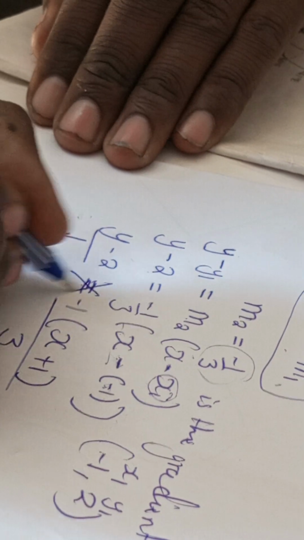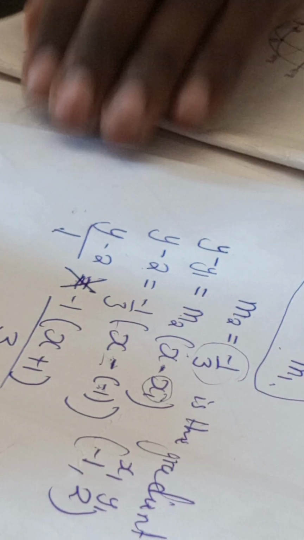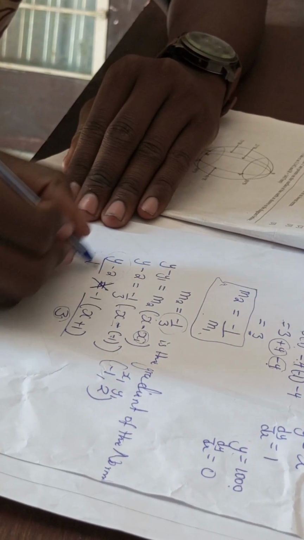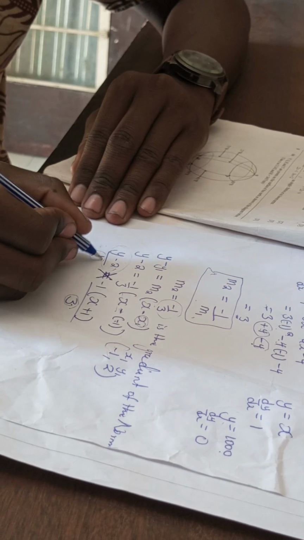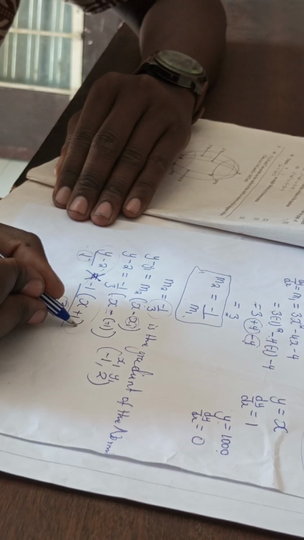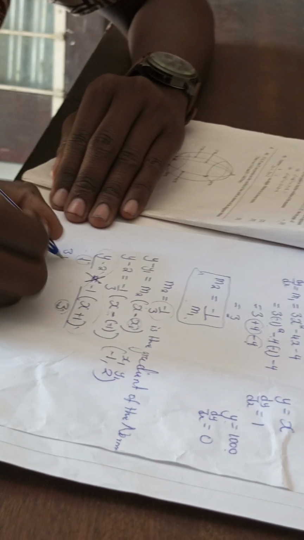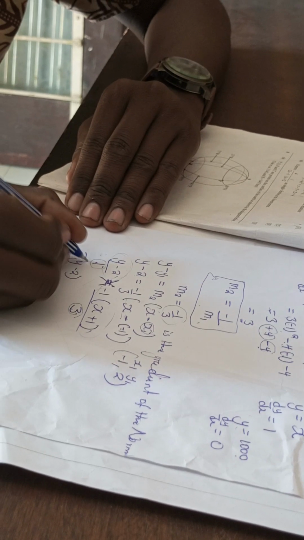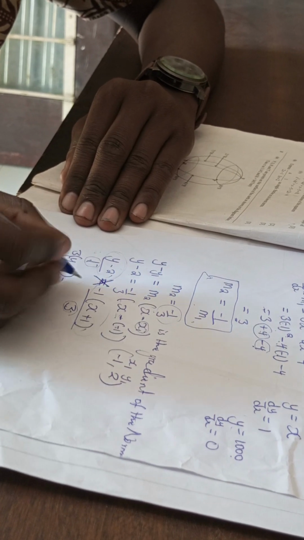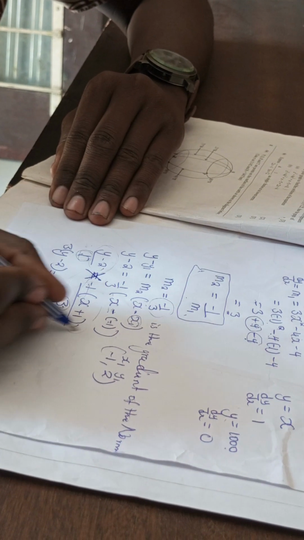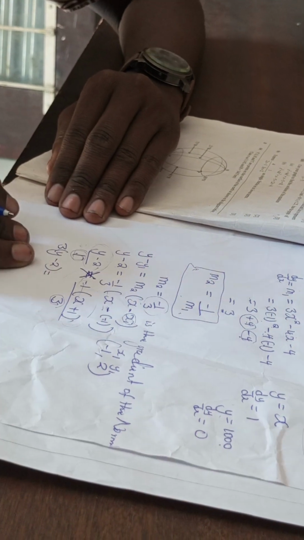Then from there, we're going to cross multiply. What is down here is going to multiply with what is here, and this one is multiplied with what is right there. So 3 is going to multiply with that. Then -1 times this. If this one multiplies throughout here, you are going to get the same results.